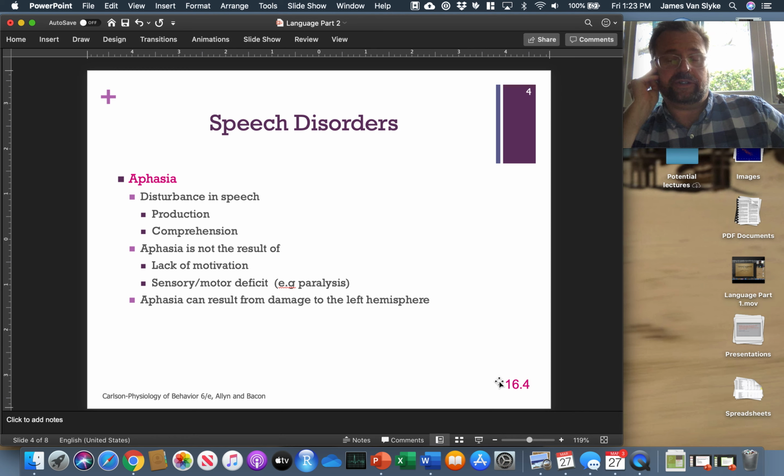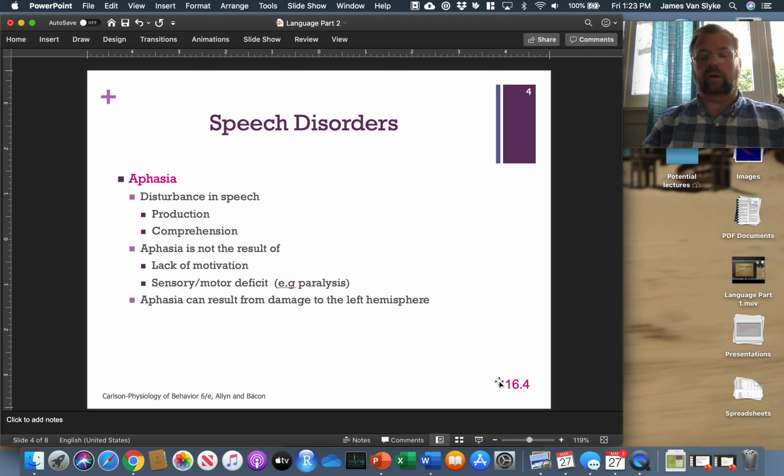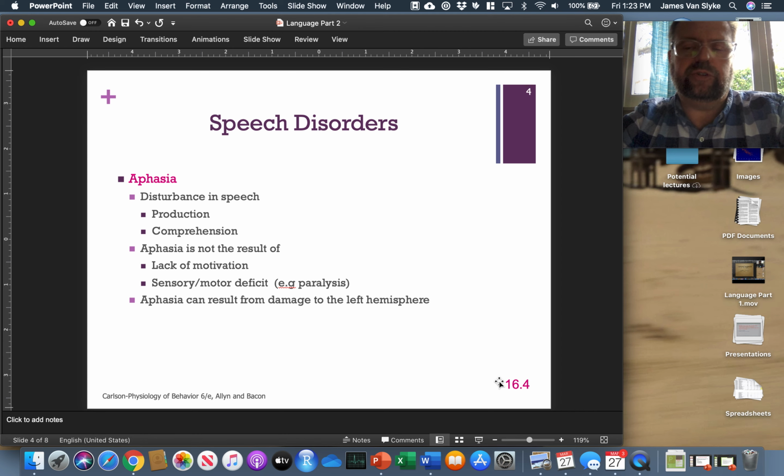Aphasia is not the result of a lack of motivation or some sort of sensory or motor deficit. Instead, it's usually related to some sort of problem within the brain that causes the aphasia to occur within some aspect of language.